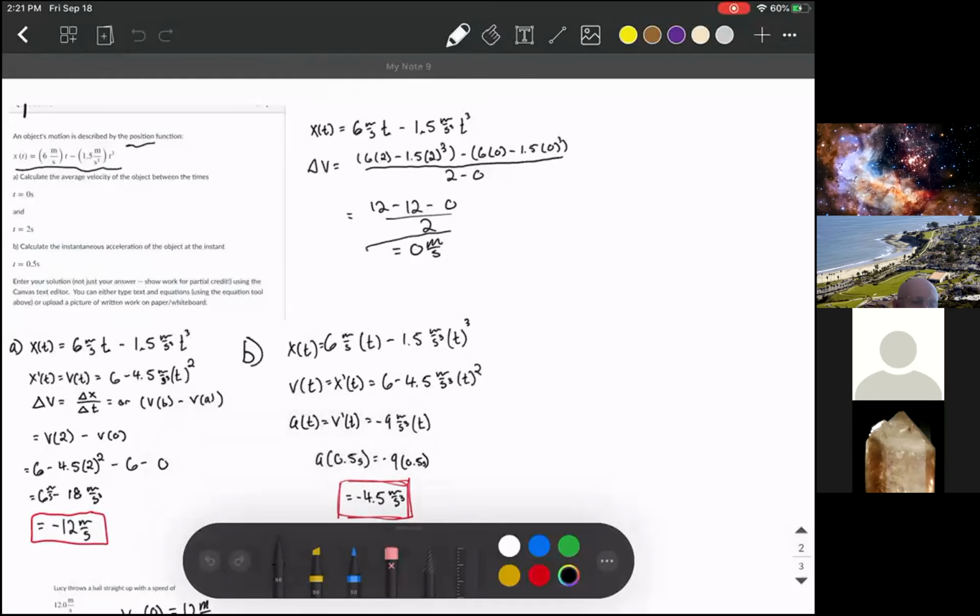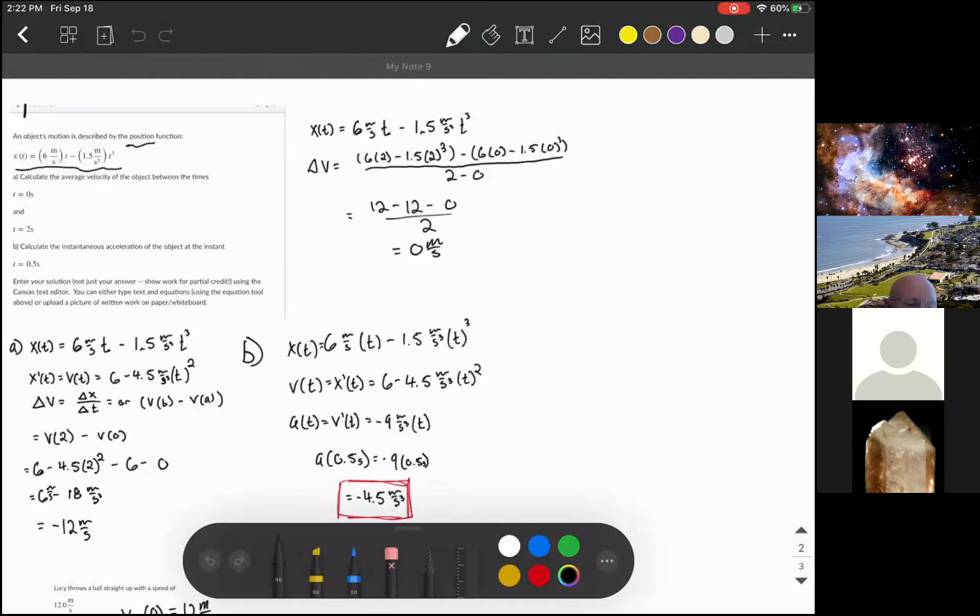But I'm not real sure what you're doing with the one where you got the -12. It looks like you've got a change in velocity, where you took velocity at 2 minus the velocity at 0. But change in velocity is not the way to get the average velocity.